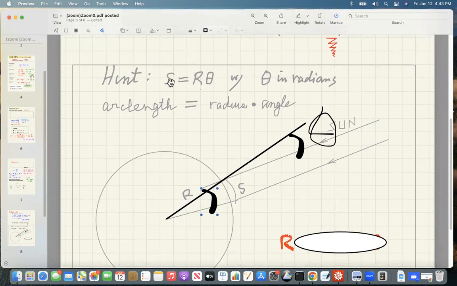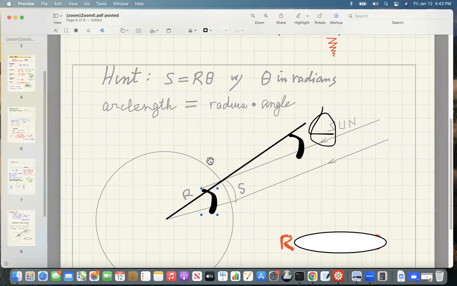Now, theta, the definition of an angle, is that the arc length is the radius times the angle, where the angle is given in radians. So we have this equation, which comes from this little geometrical drawing here. The arc length is the radius times the angle in radians.